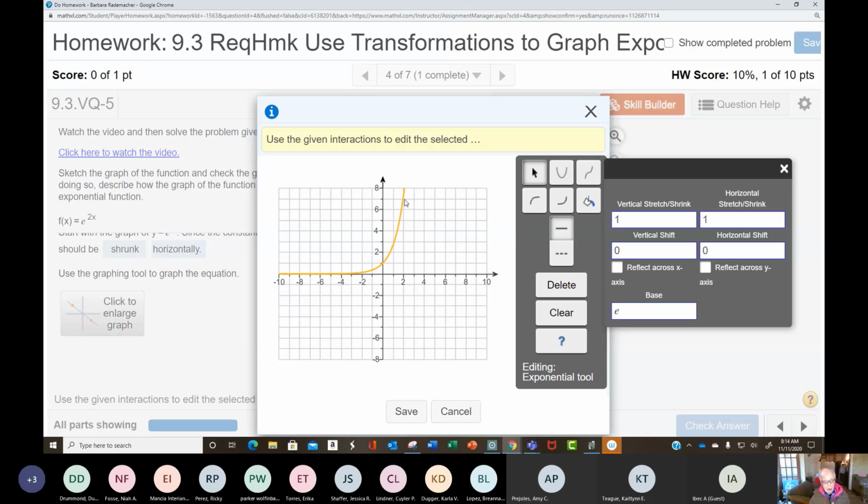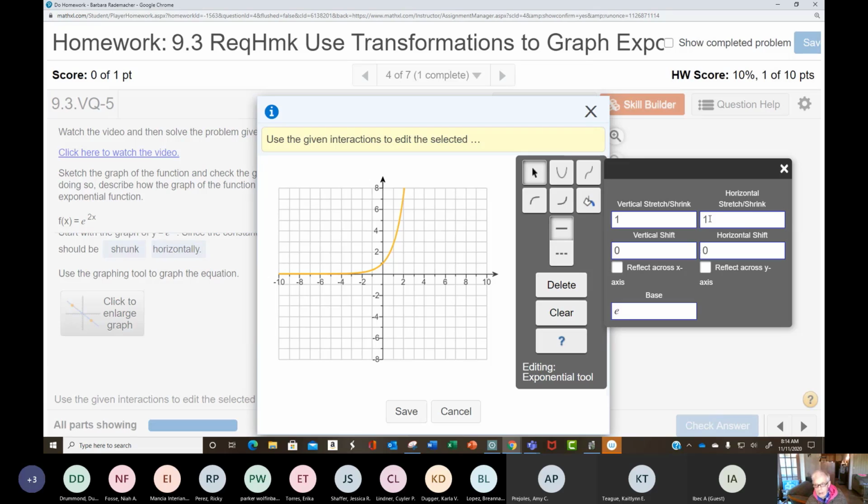Now, use the given interactions to edit the selected function. Oh, there it is over here. Okay, this is another dealie you can have. We are going to have a horizontal shrink. So right here we put the factor.